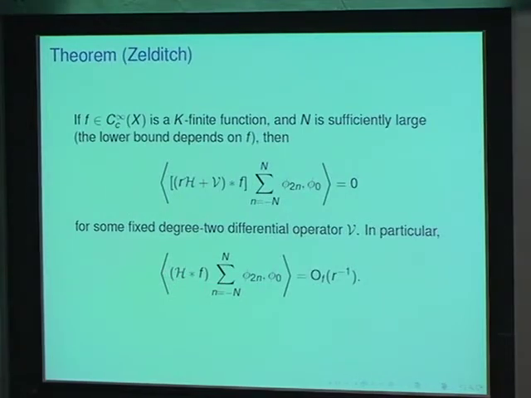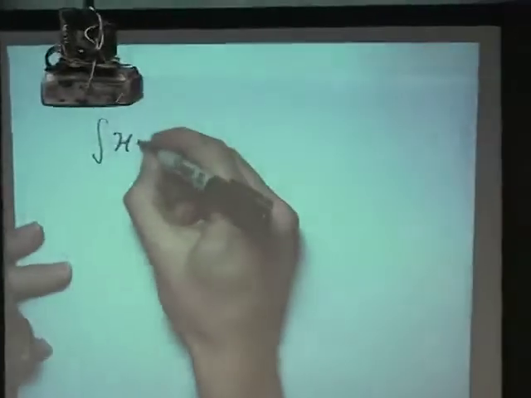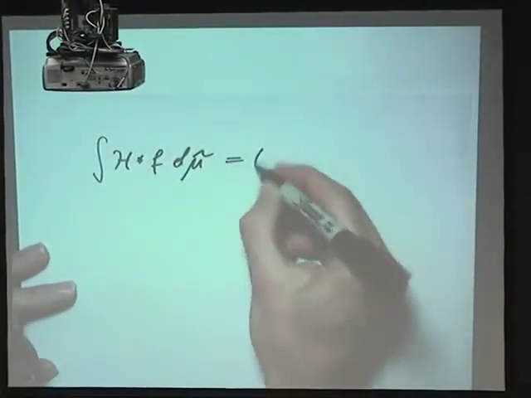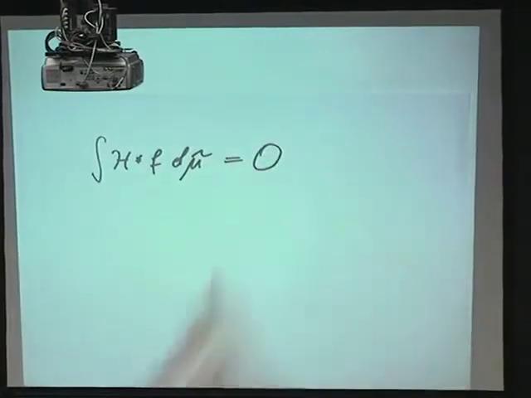But this converges to the integral of that function with respect to the measure. So what the other theorem and this theorem together say is that the integral of h applied to f d mu twiggle is equal to 0. Effectively, before you go to the limit, you have error terms and so on.